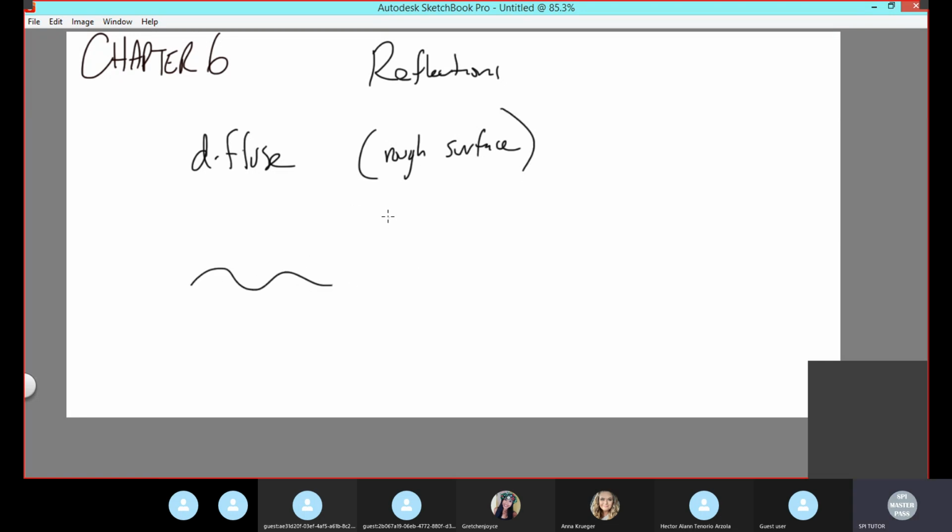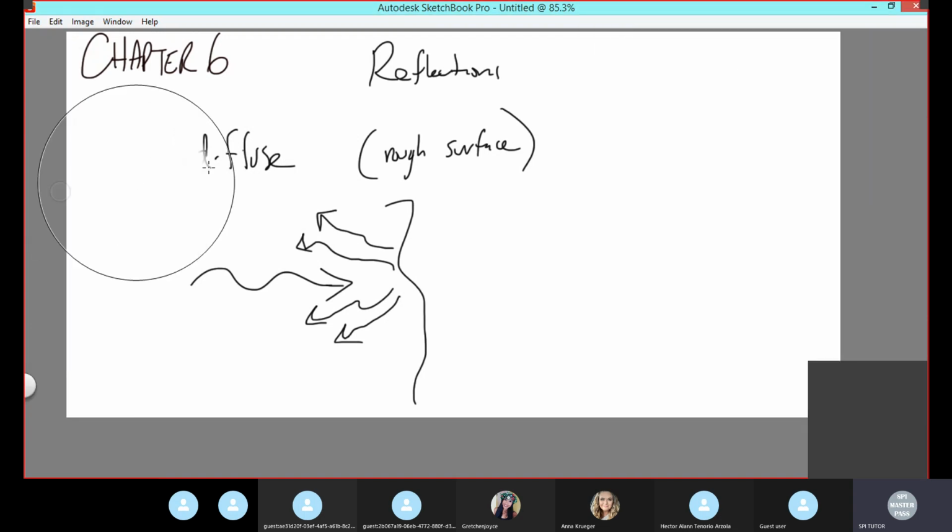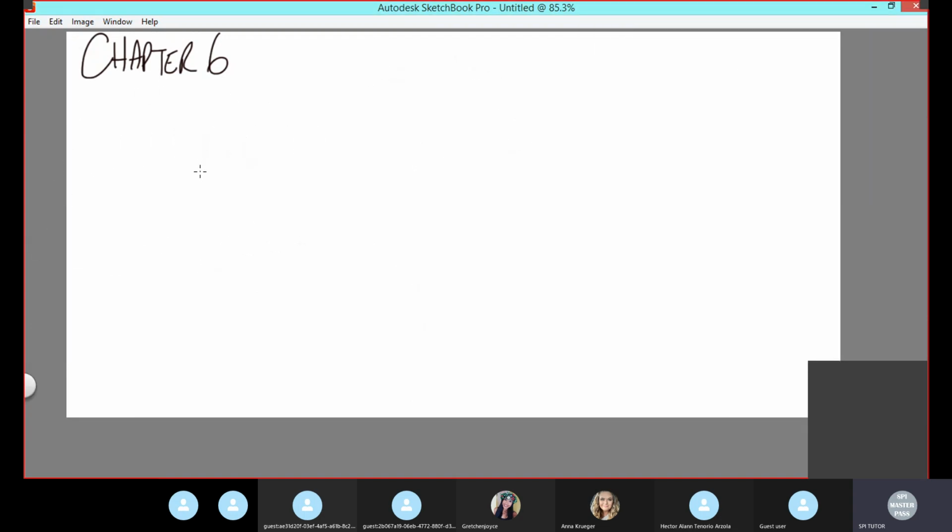And it's basically a wave going like this. And when it hits that surface, it bounces back, but it kind of bounces back in different directions. Diffuses, kind of like spreads out a little bit. Okay. So just little definitions for you to know.